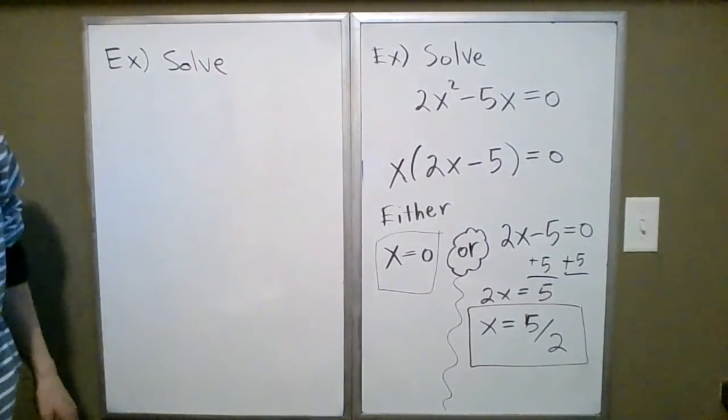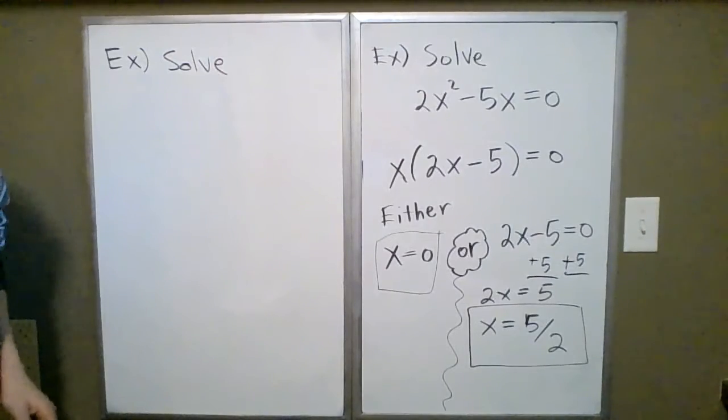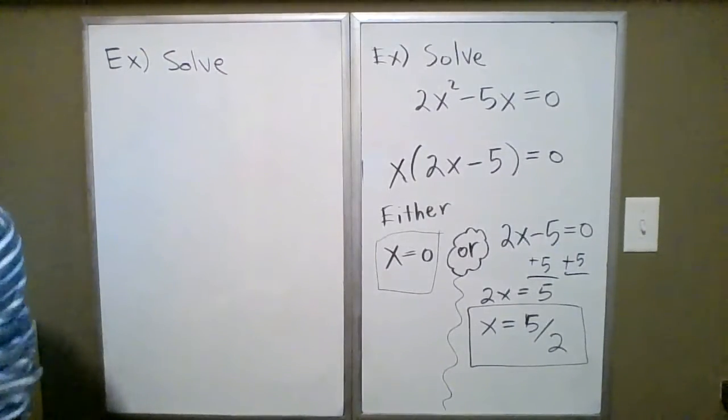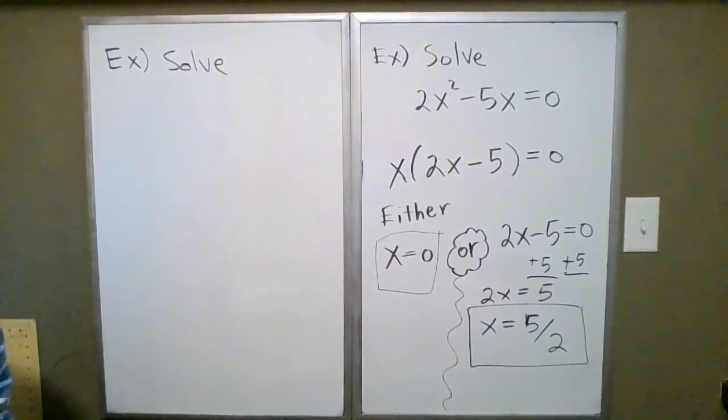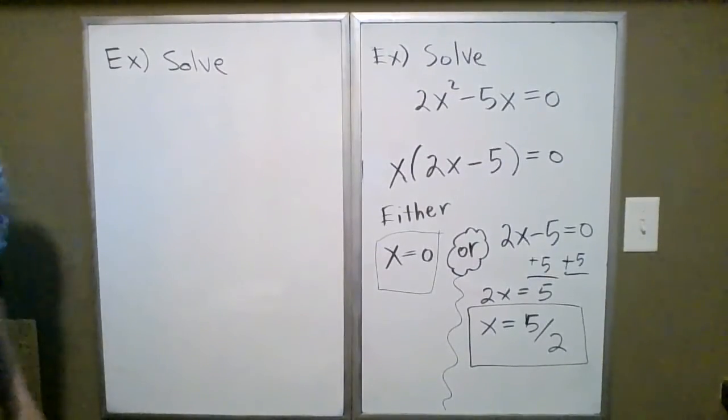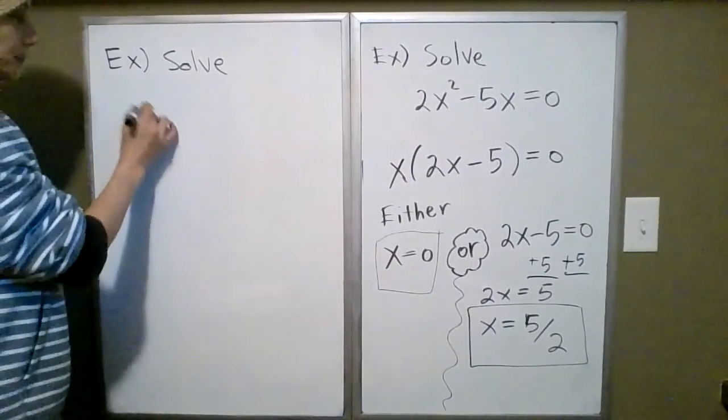Now we want to solve x squared minus 10x plus 21 equal to 0.